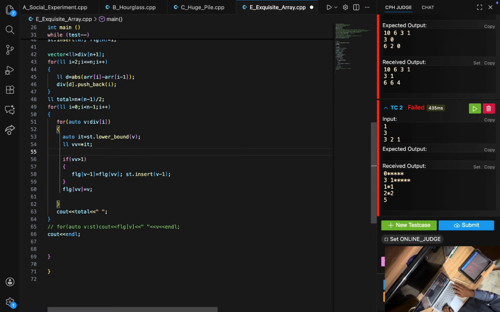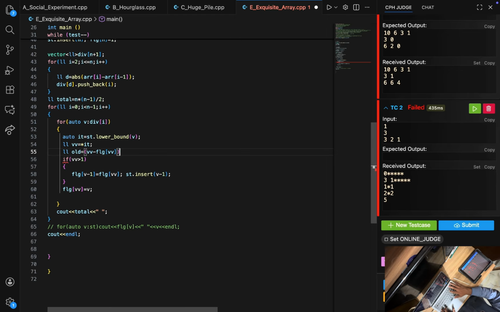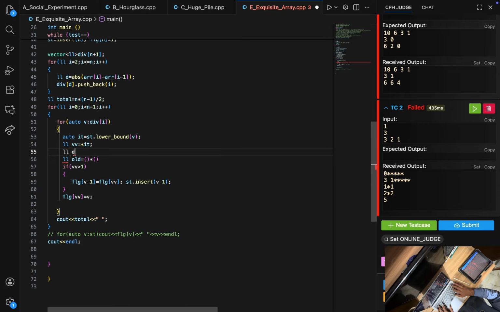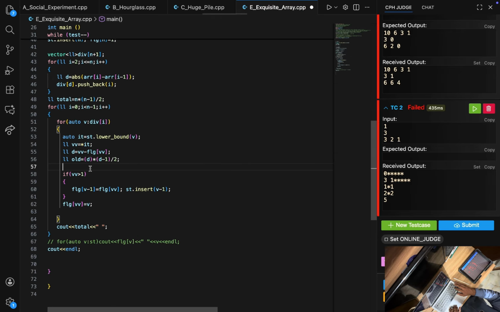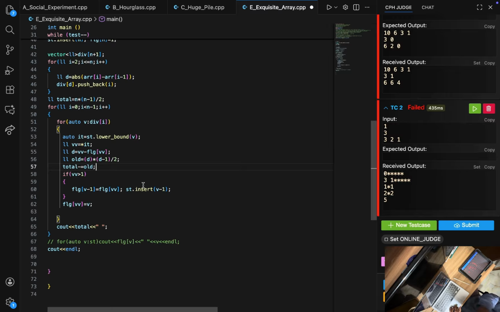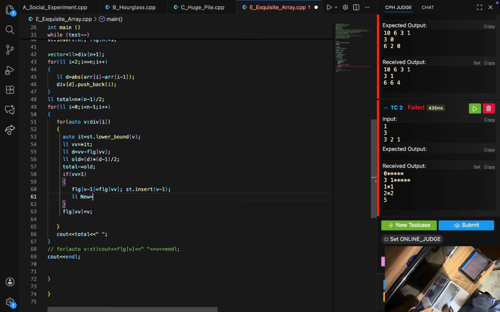So all equal to is difference from those two, vv minus flag vv into... then new equal to is new value, or it should be changed.